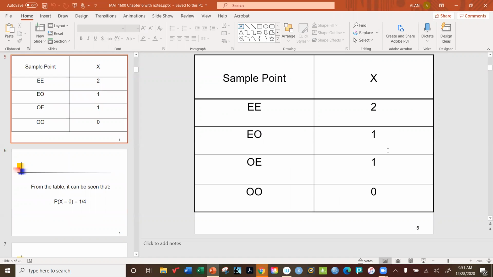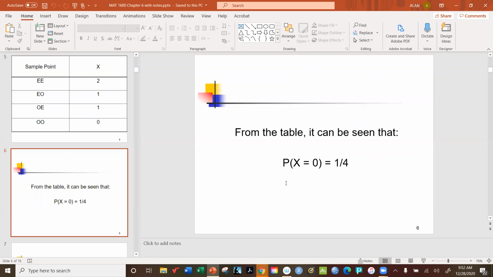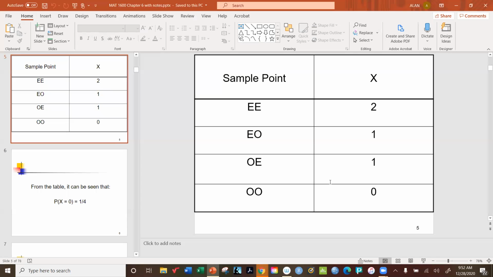Now, if you look at these carefully, and if you recall, these are all equally likely to occur. Since x assigns 0 to the outcome OO, it stands to reason then that the probability that x actually equals 0 is 1/4. Why is that?